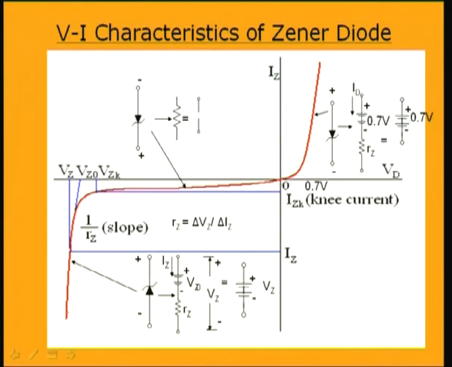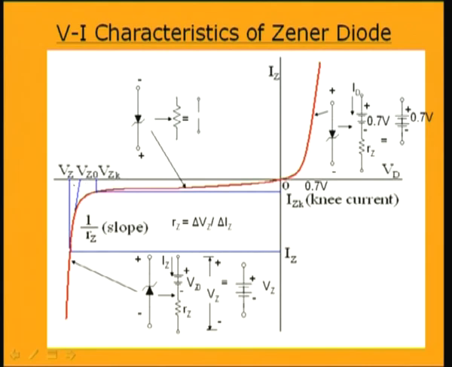If we extend this linear region of the graph, it will intersect the voltage axis at a point Vz0. The difference between this Vz0 and Vzk is very, very small; these two points are very close.